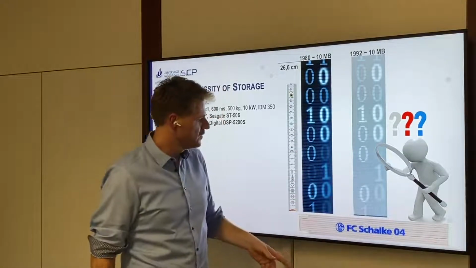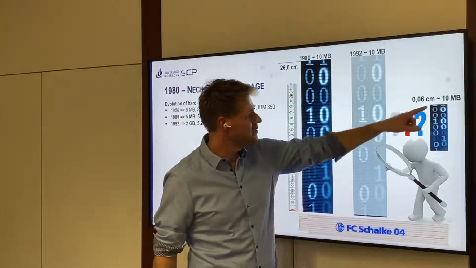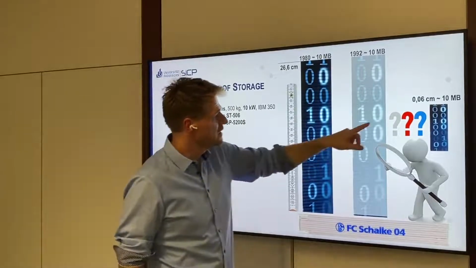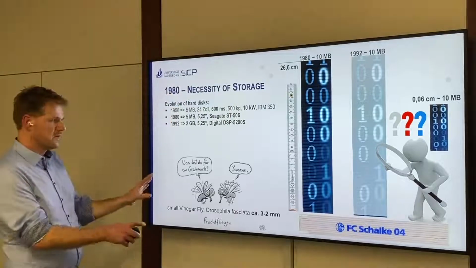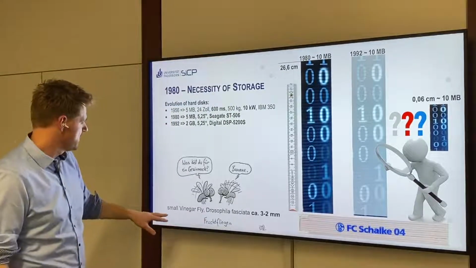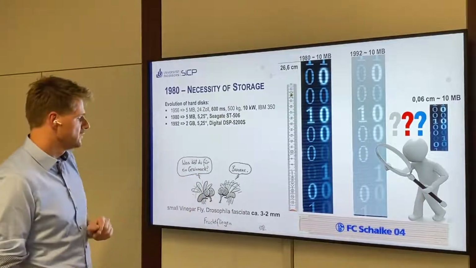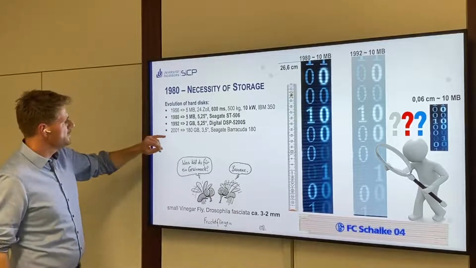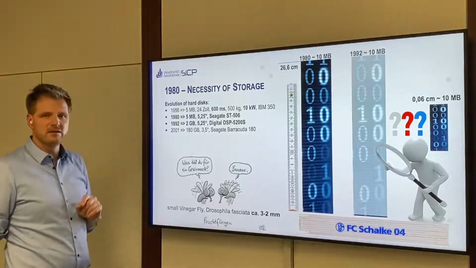If you look at it, it's very, very tiny. 10 megabytes compared to 1980 is 0.06 centimeters. As a comparison, the small vinegar fly has a size of roughly 2 or 3 millimeters. In 2001, we already reached 180 gigabytes.